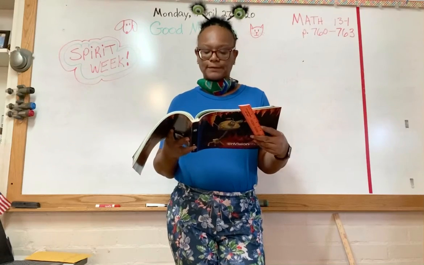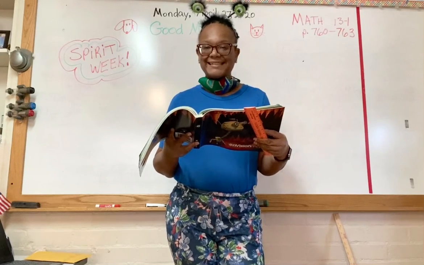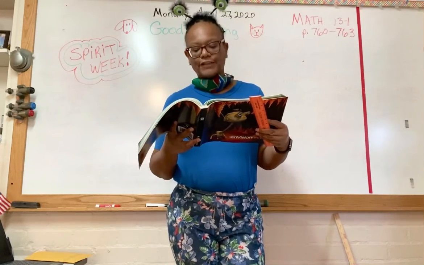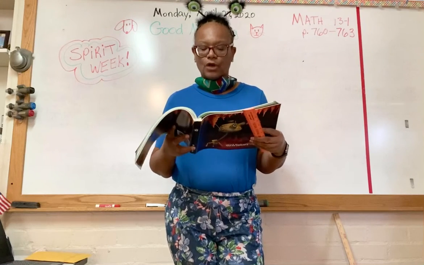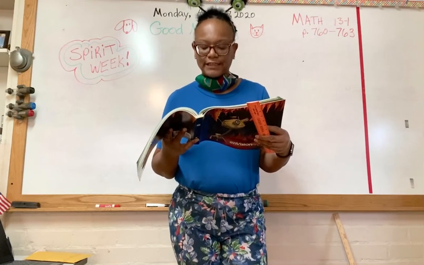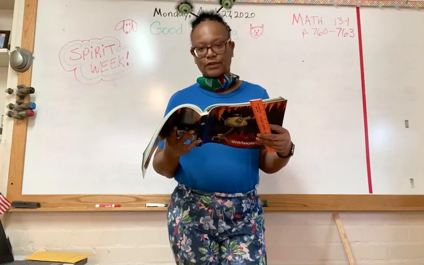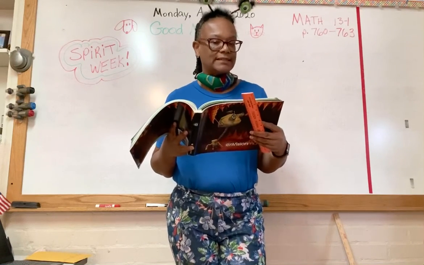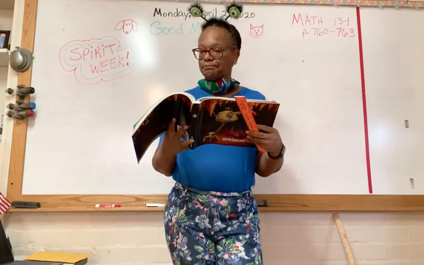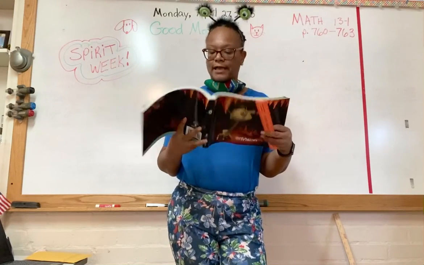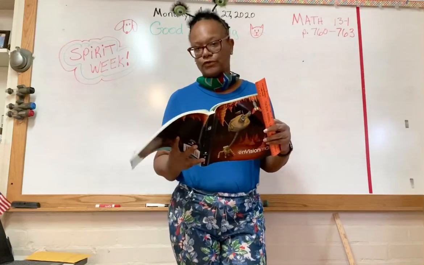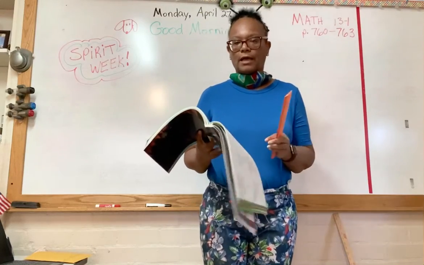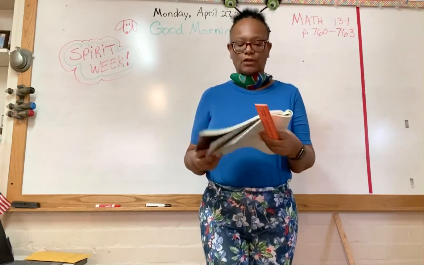And number 6, label the 2 missing lengths of the side of the rectangle. Well, they gave you 4 centimeters and 3 centimeters. So if it's a rectangle, it should be the same on which side? So you have some clues there for that. And I hope you did well on that.